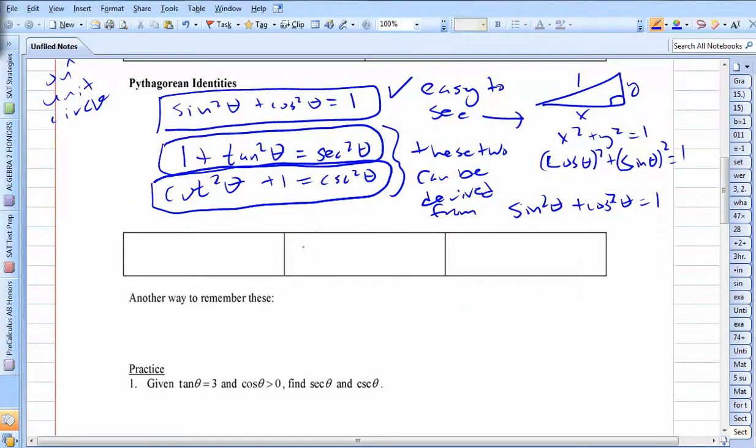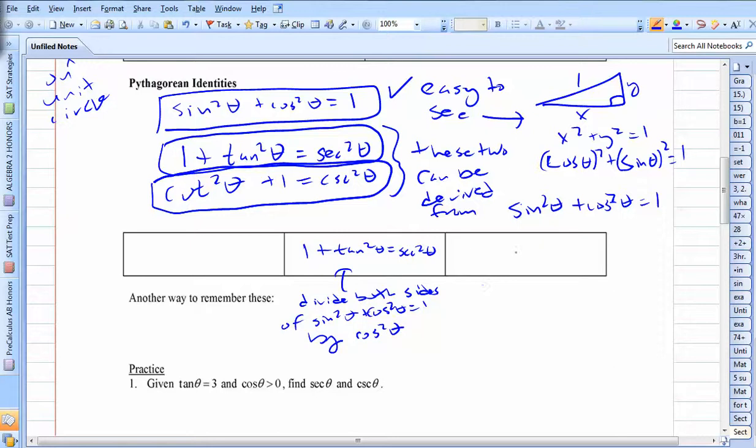What you would do is to get this identity, you divide both sides of sine squared theta plus cosine squared theta equals 1 by cosine squared theta. I'll let you think about that, and we can go over that when I see you guys again on Monday.